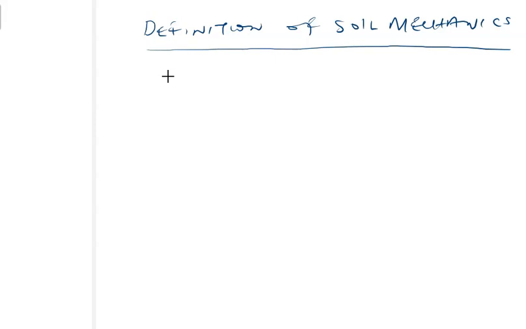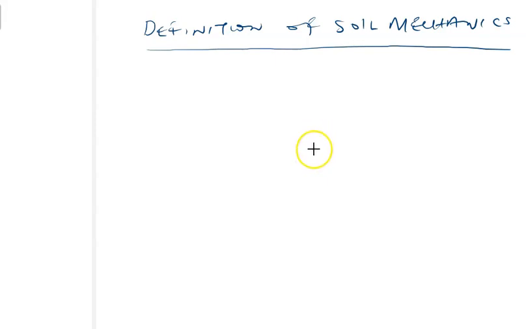We talked about it under the first part of the course, engineering geology. So when we apply the laws of mechanics and hydraulics to engineering problems related with sediments and other unconsolidated accumulations of solid particles produced by mechanical and chemical weathering or disintegration of rocks, we call this soil mechanics.